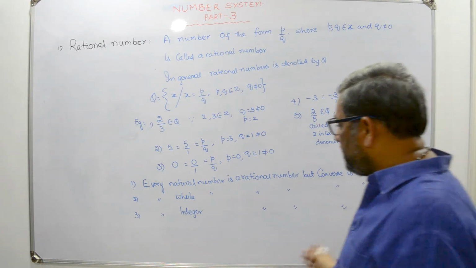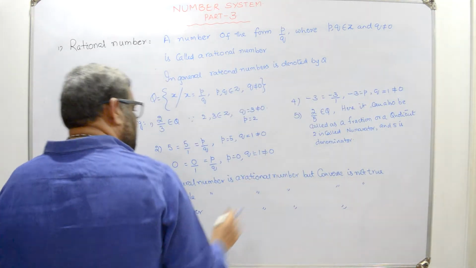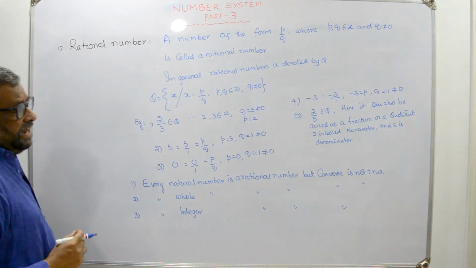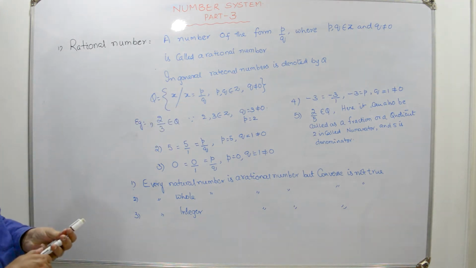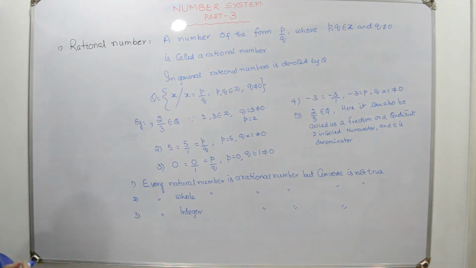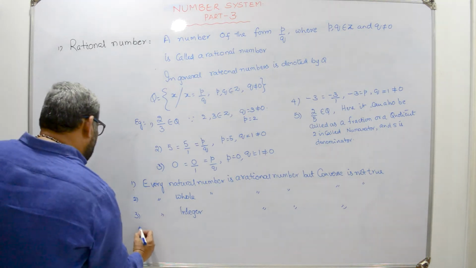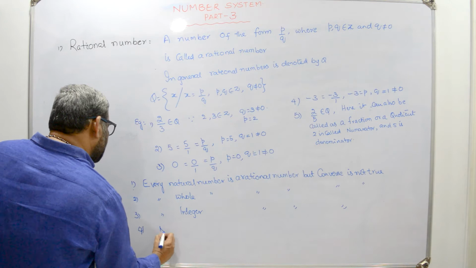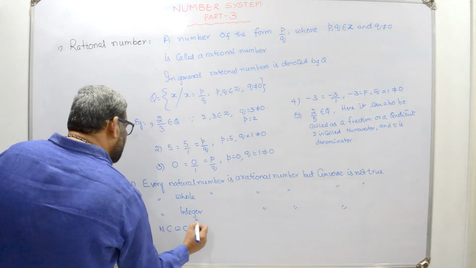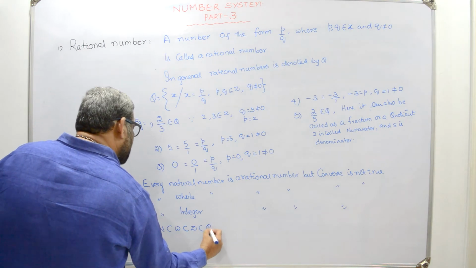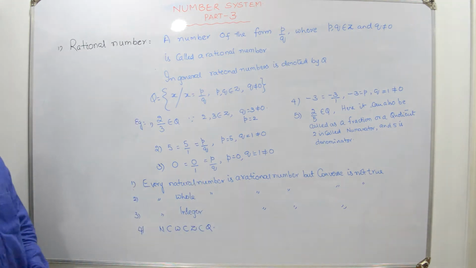You can also take like this. So every integer is also a rational number like this. So here, if you observe all these things, we can say that N is a subset of whole numbers, whole numbers is a subset of Z, Z is a subset of Q. So this is about the rational numbers.